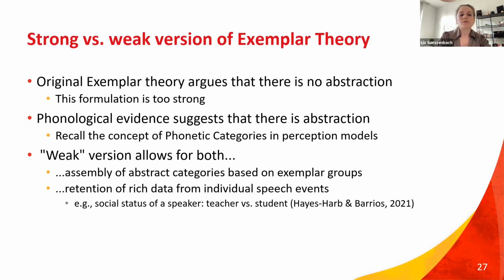And the weaker version that allows us to say there is a degree of abstraction or categorization allows for both the assembly of abstract categories based on exemplar groups and the retention of rich data from individual speech events, such as the social status of a speaker or what they look like, if it's a male or female voice, and so on and so forth.